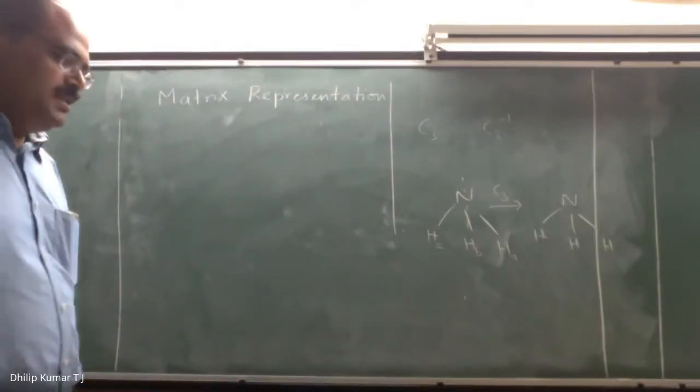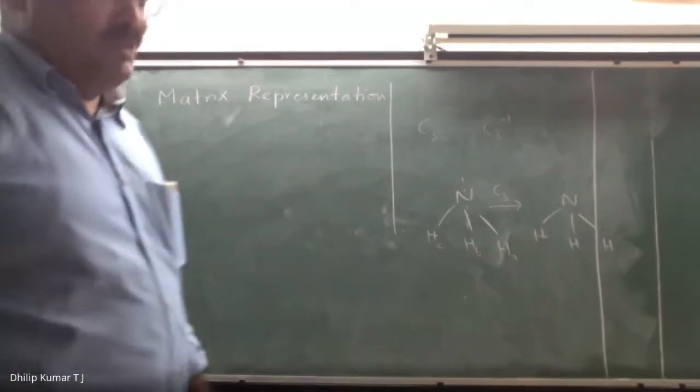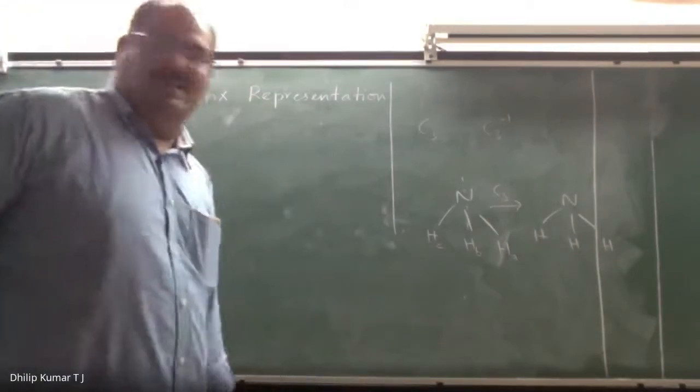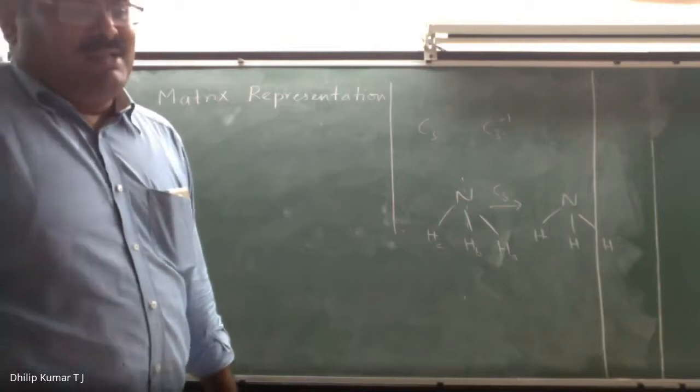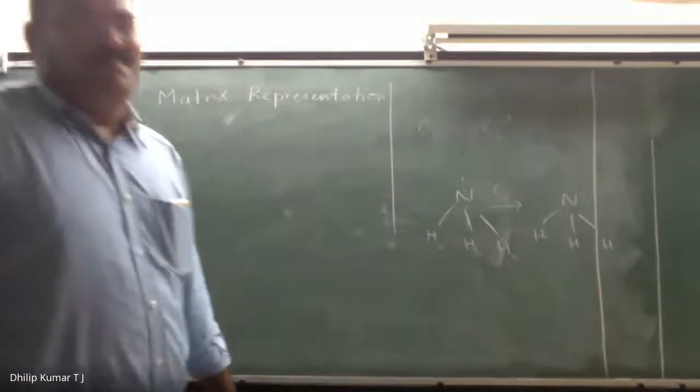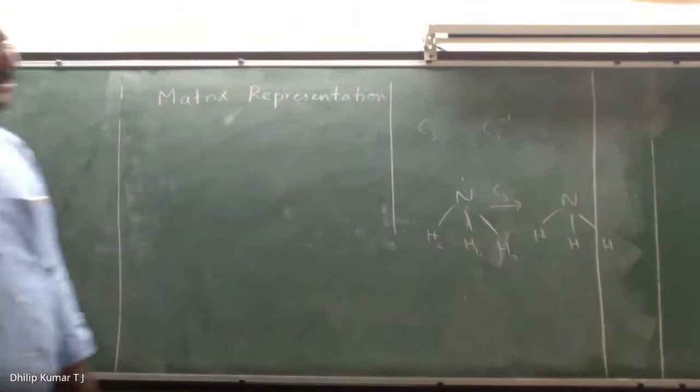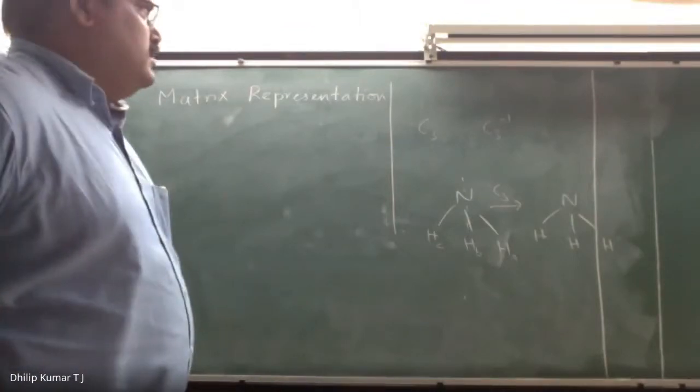It is not given in the group. But every element has its own inverse, so we don't write it in the character table. I think this inverse is defined for an operation. Maybe you're right, but if we take C3, its inverse will be C3 squared, and both of them are present in a group.